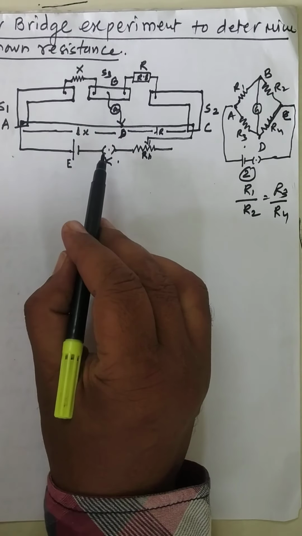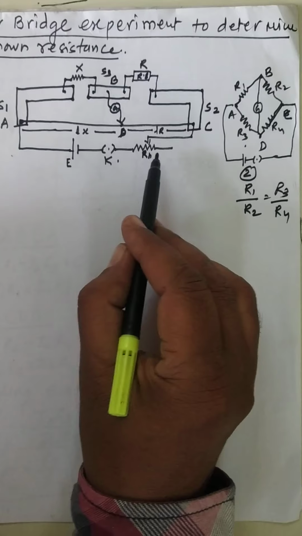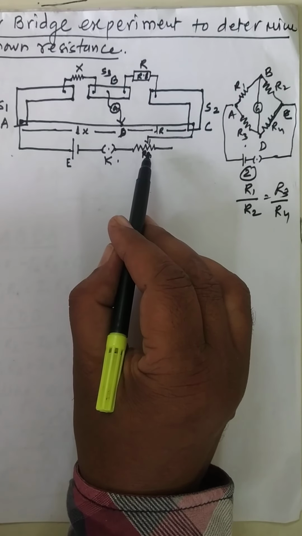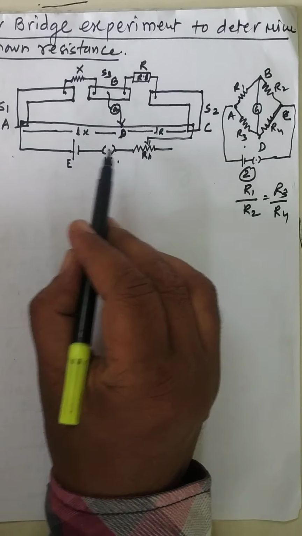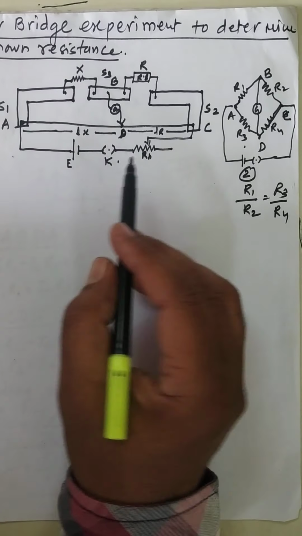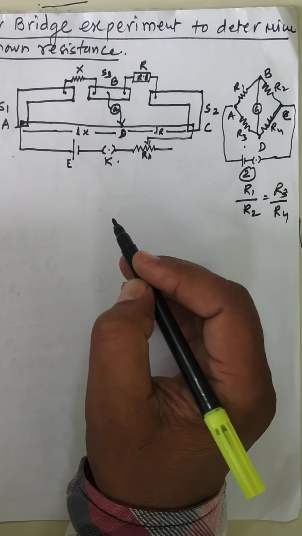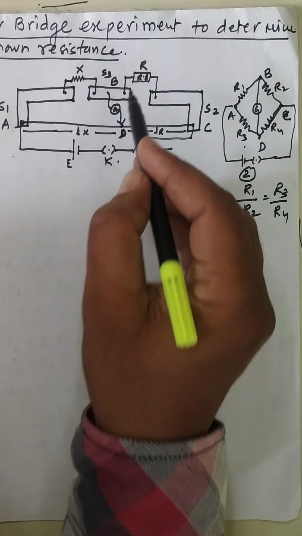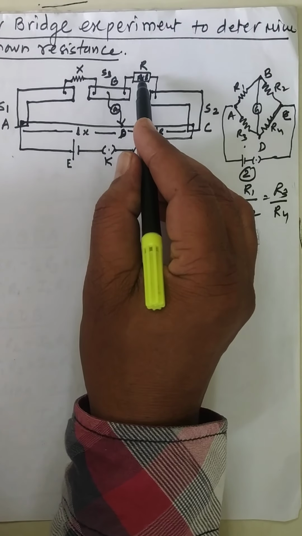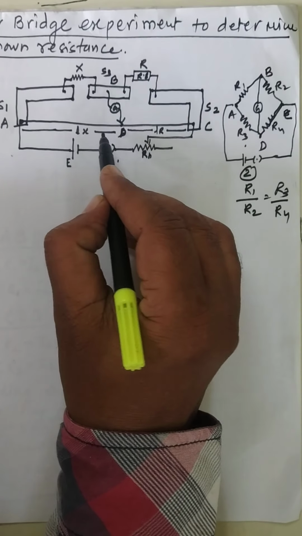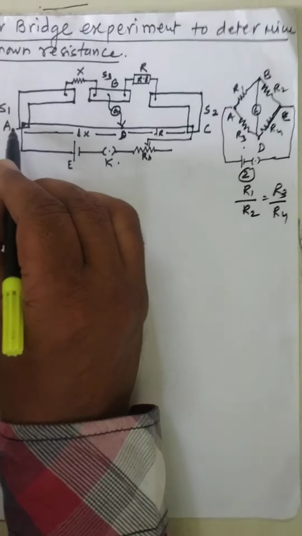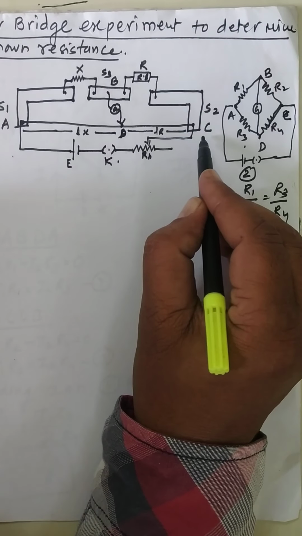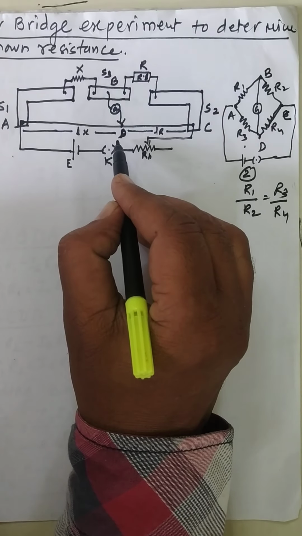Now, first of all, close the key. Adjust the rheostat so that some current I will be allowed to flow through the circuit. Now, introduce some resistance R in the resistance box. Move the jockey over the wire AC. The jockey should be tapped.